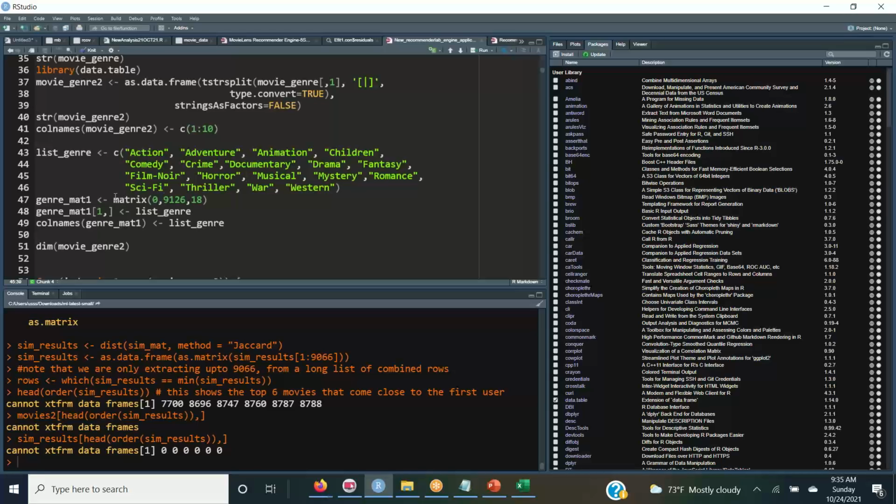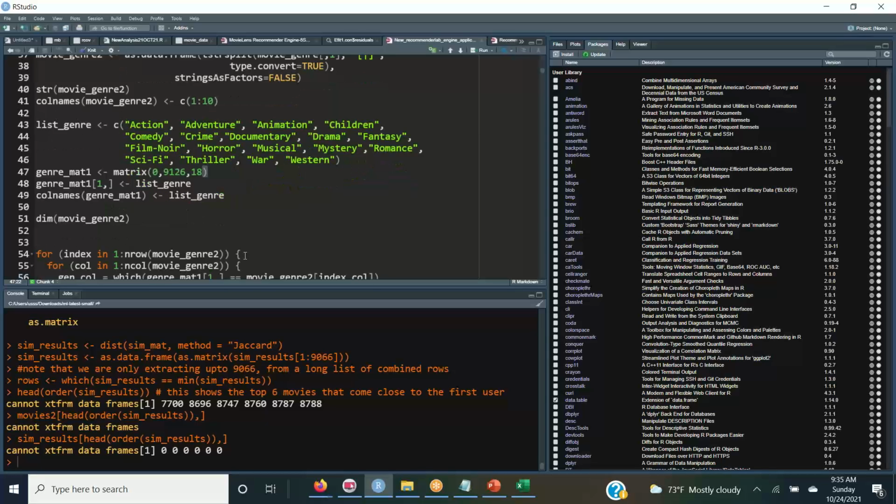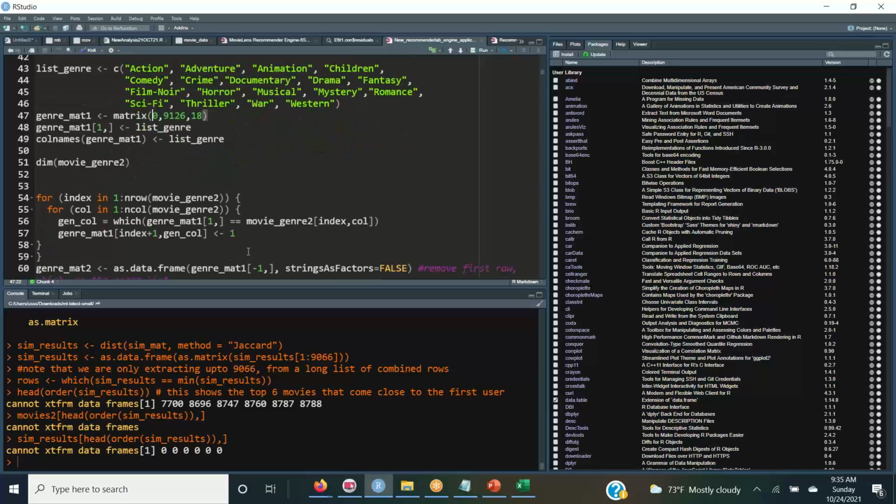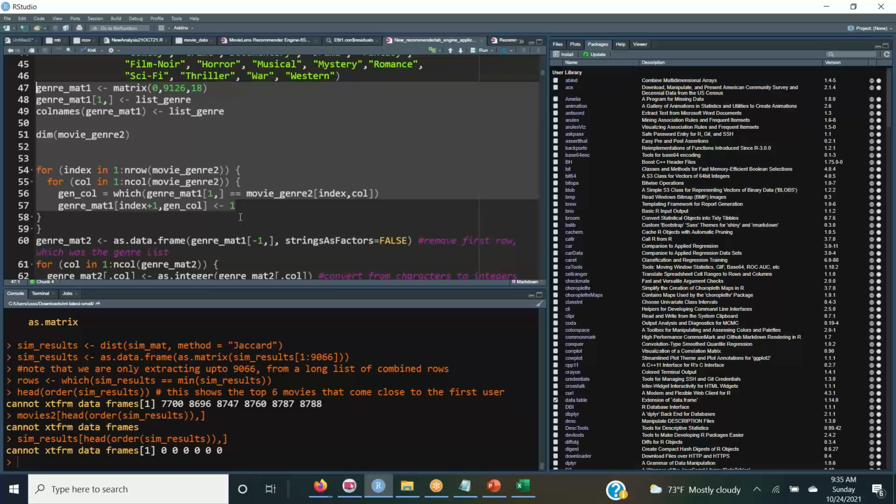So I need to create a matrix of the number of movies times the number of genre types, and then I created zeros, and I put one wherever these things come for each of the rows. Am I making sense? Yes. Excellent. So up to this it's done. Now the matrix of zeros and ones is based on whether the attribute, that is the genre, is available or not.